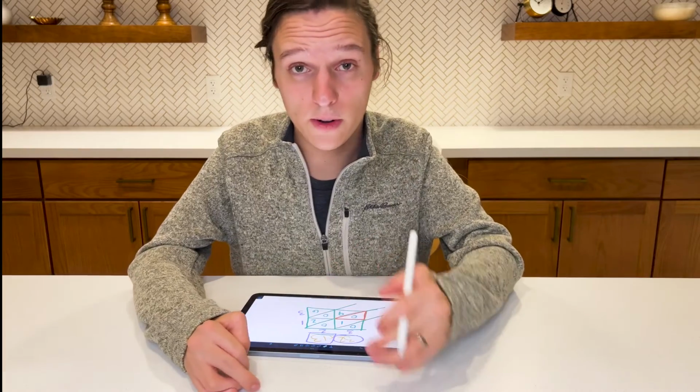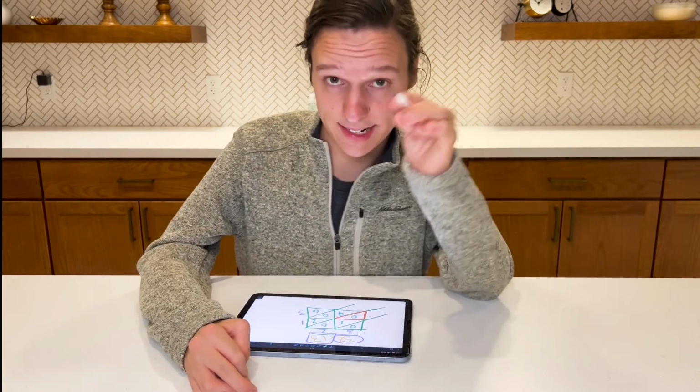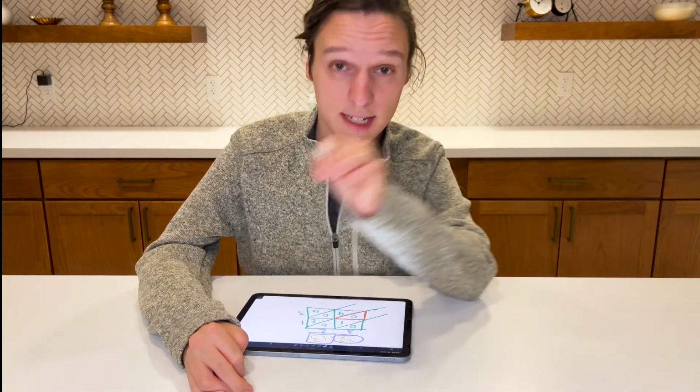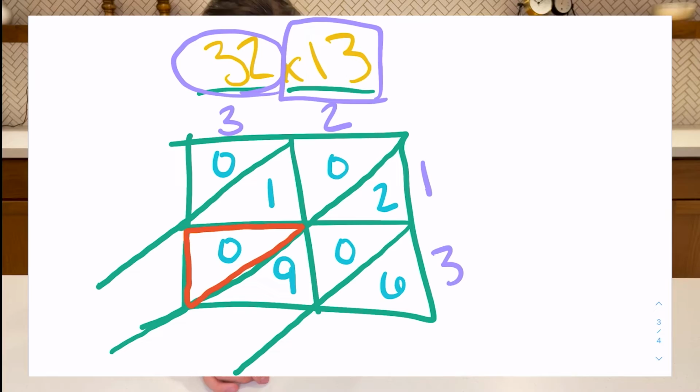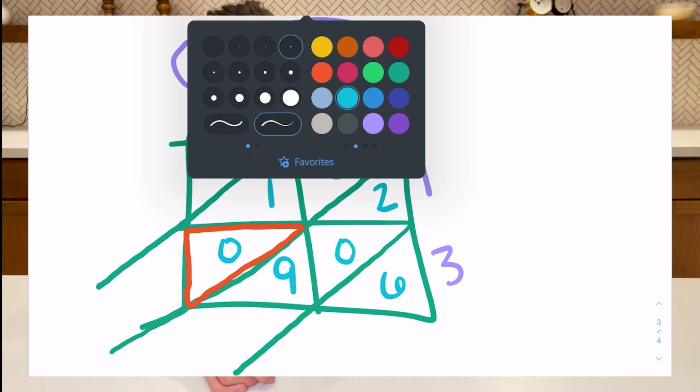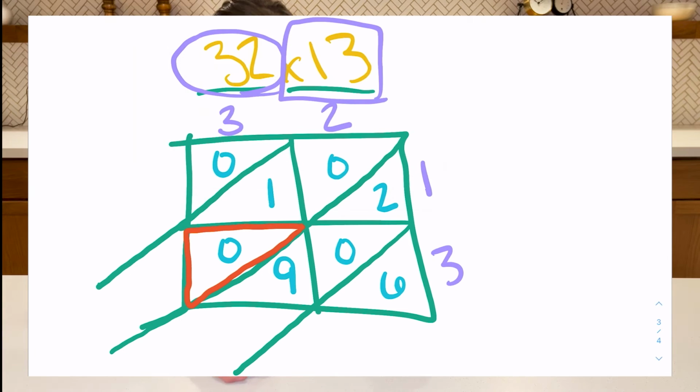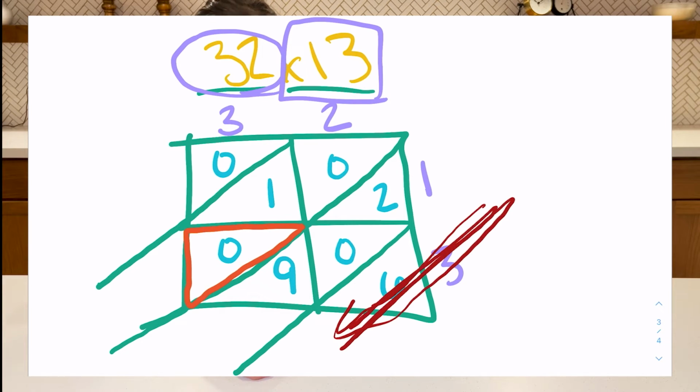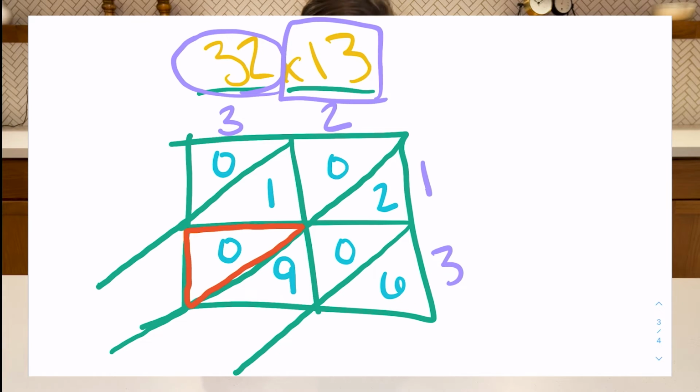Now we're going to go across and we're going to add diagonally. Everything's going to be added diagonally. So let's go ahead and do that. Let's do red. 6 plus nothing diagonally happening here at all. So 6 plus nothing is 6. Next we're going to go 9 plus 2. 9 plus 2 is 11.